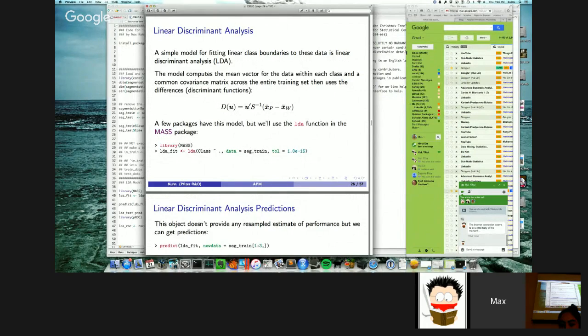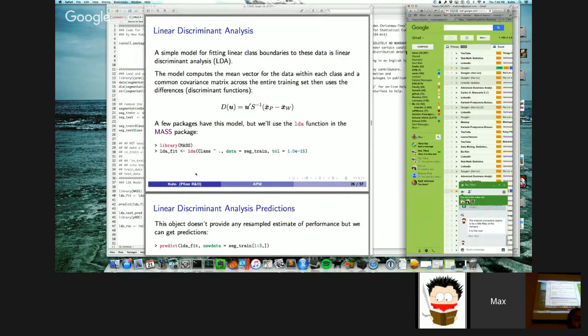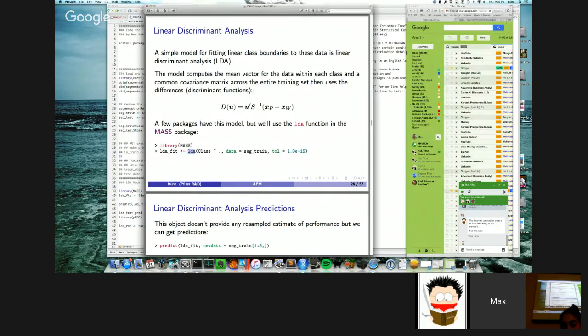All right, so the LDA function that I'll use is in the MASS package. There's a variety of ways to fit this model, even with the same function. I'll talk a little bit more about this in a second.